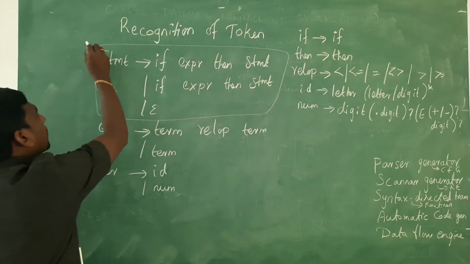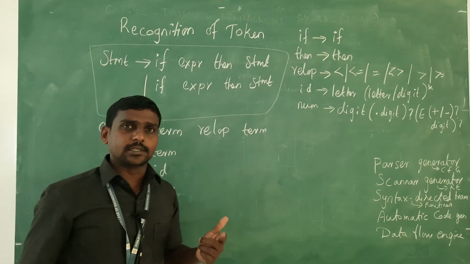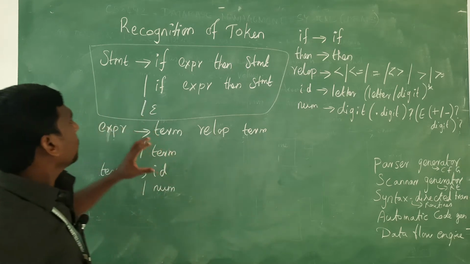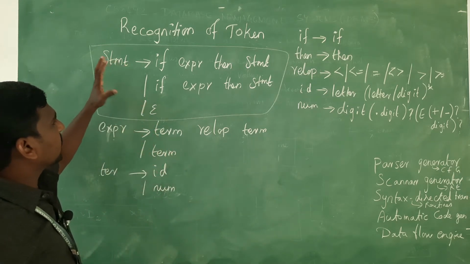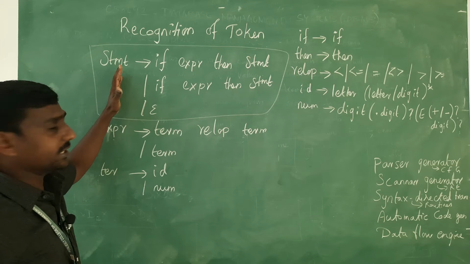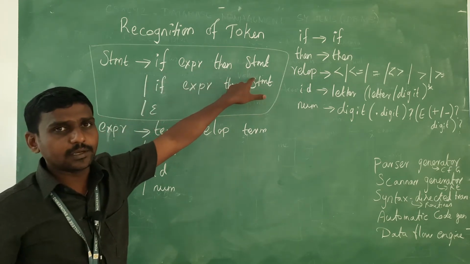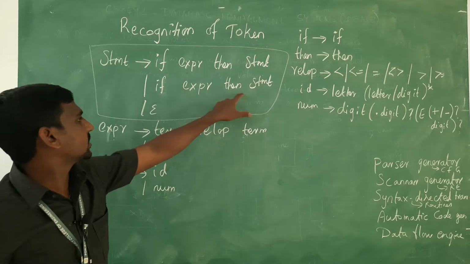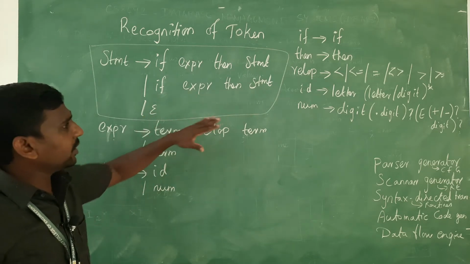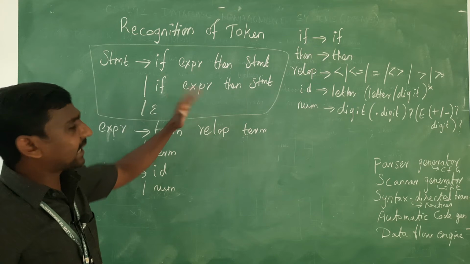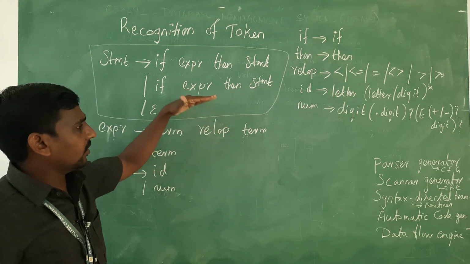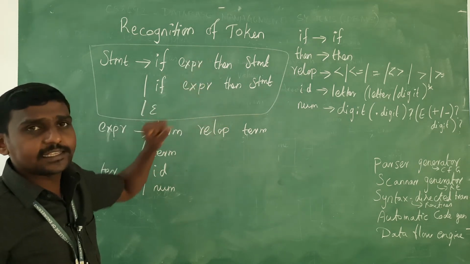I am going to teach you grammar in the next unit very deeply, but you should know what a grammar is, because I already taught you in the theory of computation. Statement: if expression then statement, or if expression then statement else statement, or epsilon. By using this grammar, we can recognize the tokens very easily.